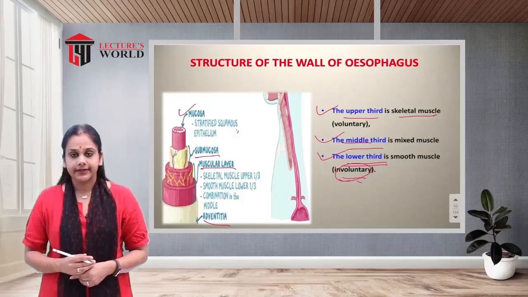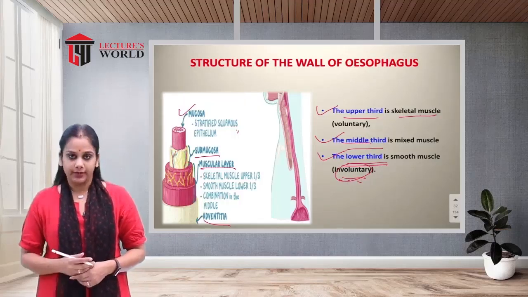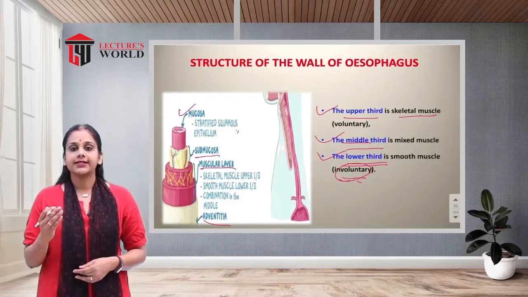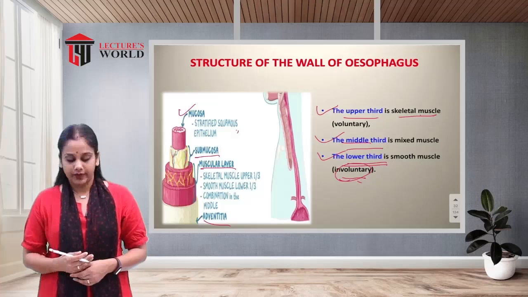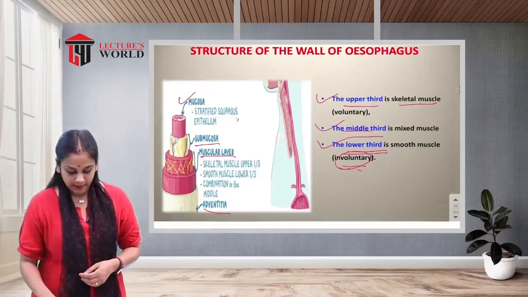The middle third is mixed muscle, containing skeletal and smooth muscles. The last layer is the adventitia or serosa, the outer covering of the esophagus. So this is the structure of the wall of the esophagus.